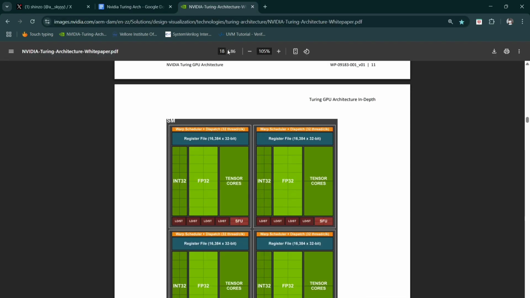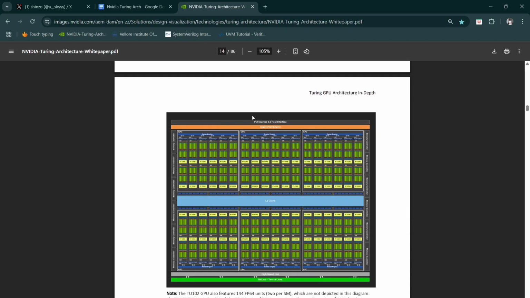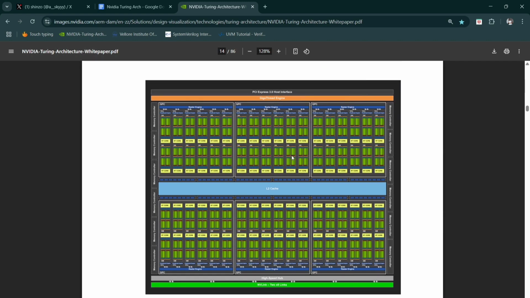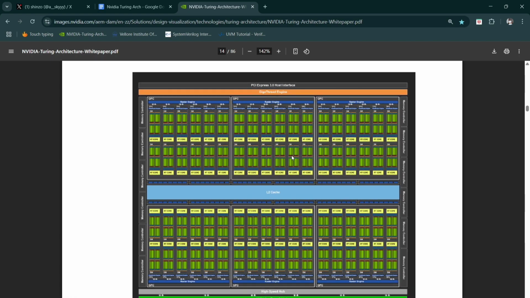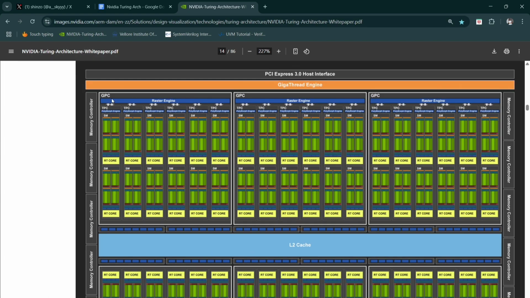Before that, I'll show you the Turing architecture of NVIDIA. This is the whole Turing GPU architecture given by NVIDIA. This whole thing is one cluster, the GPC, graphics processing cluster.